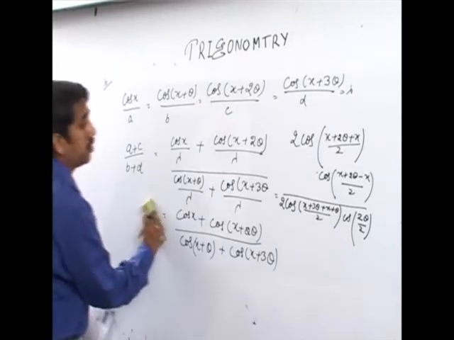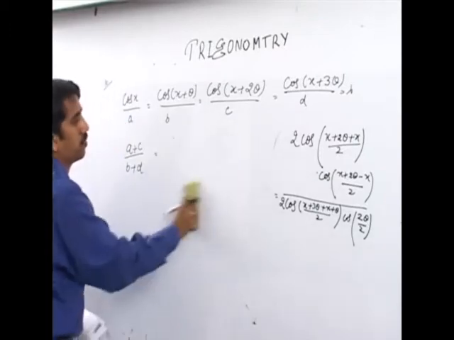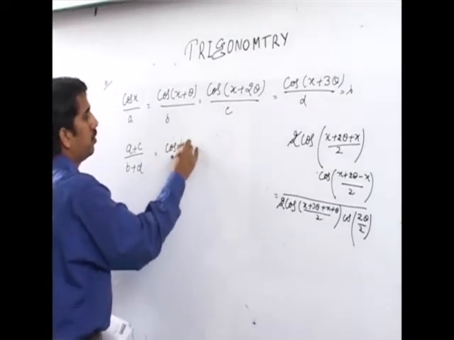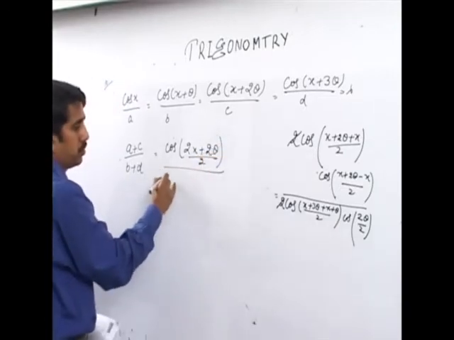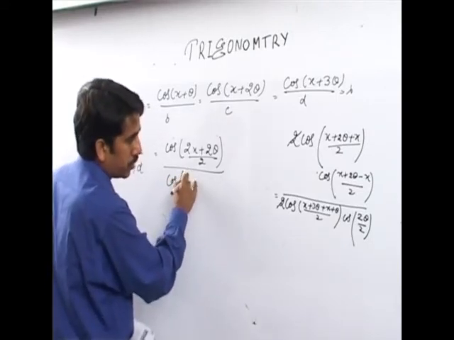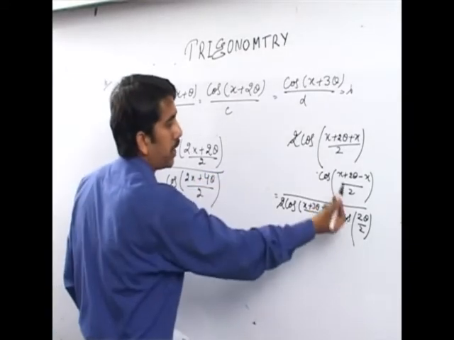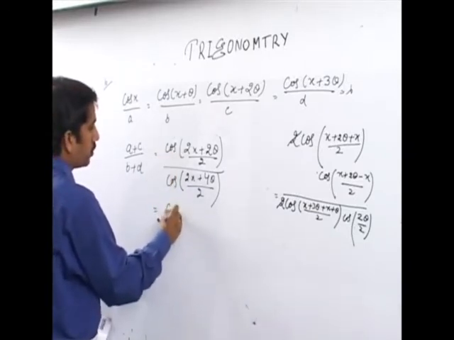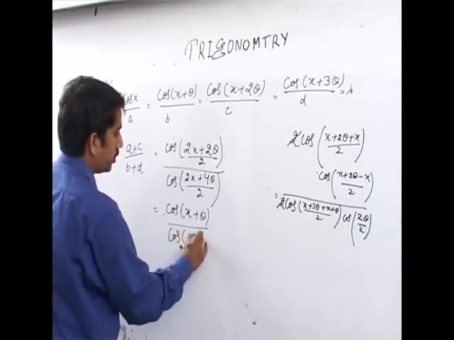Now this 2 will cancel out. You are left with cos of (2x plus 2 theta) divided by 2 over cos of (2x plus 4 theta) divided by 2, and this is cos theta and this is also cos theta, so this will also be cancelled out and you are left with cos of x plus theta over cos of x plus 2 theta.